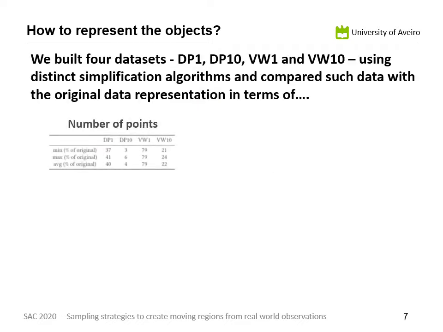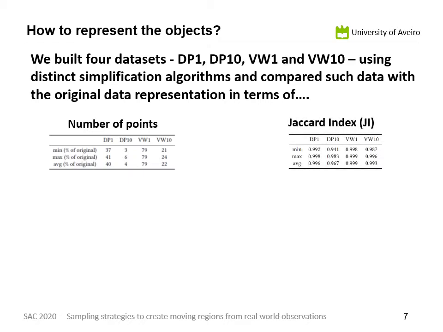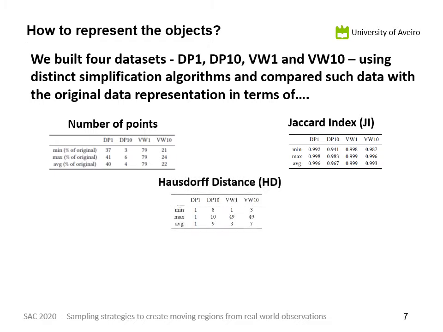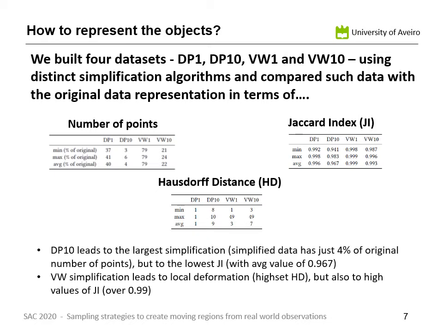We also compared the simplified geometries with the original ones in terms of number of points, Jaccard index, and Hausdorff distance. DP10, which is the dataset resulting from the use of the Douglas-Peucker algorithm with a tolerance of 10, achieved the largest simplification, reducing the number of points per geometry to just about 4% of the original one.